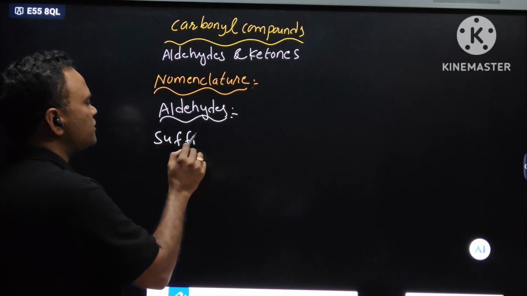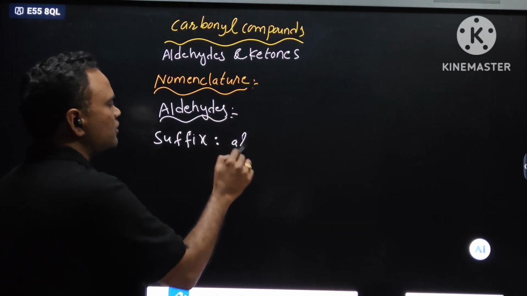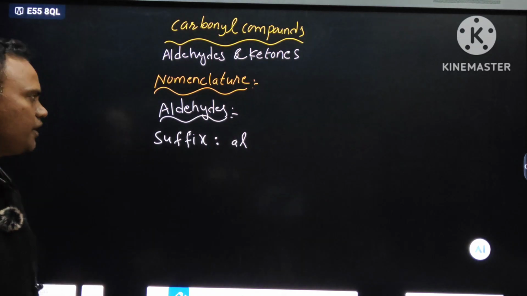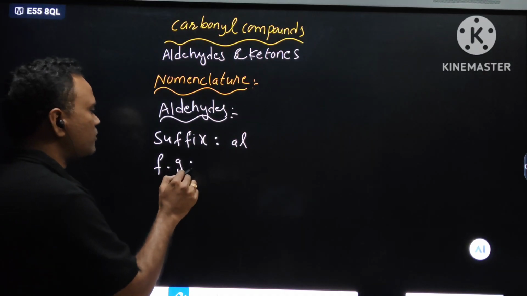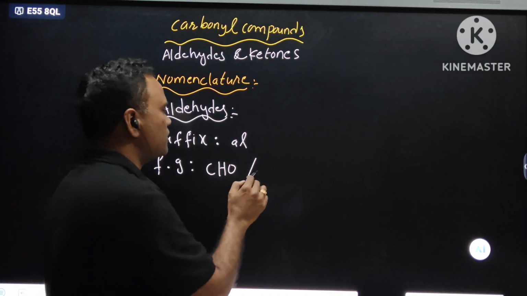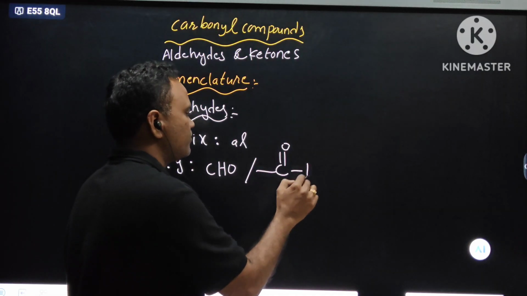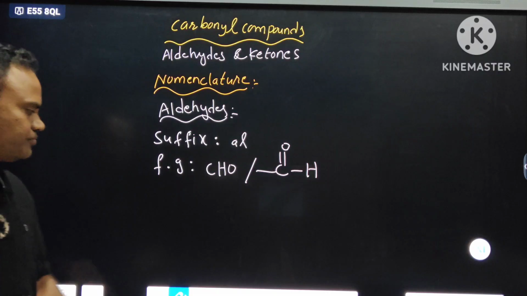All aldehydes end with "al". Aldehyde, al. What is the functional group formula for aldehydes? CHO, that is, C double bond OH.